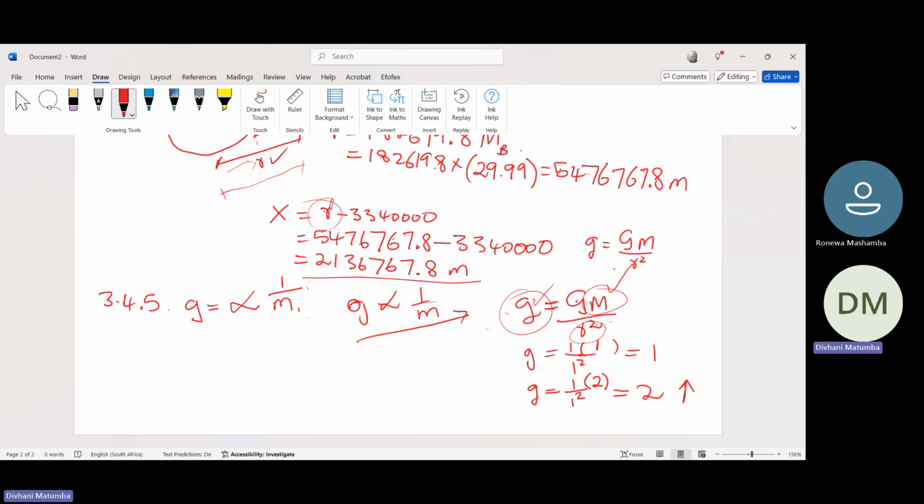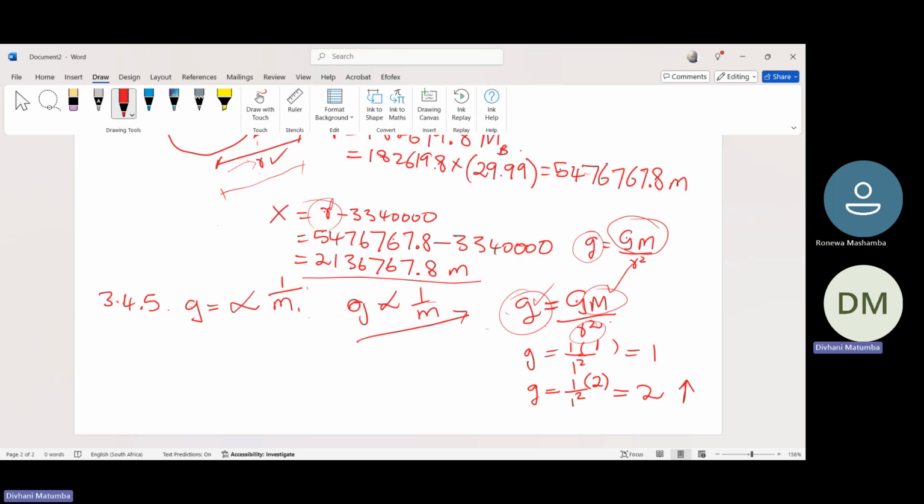The fact is, everything that is in the numerator for any equation is directly proportional to your subject of the formula all the time. Yes, sir, that makes sense.